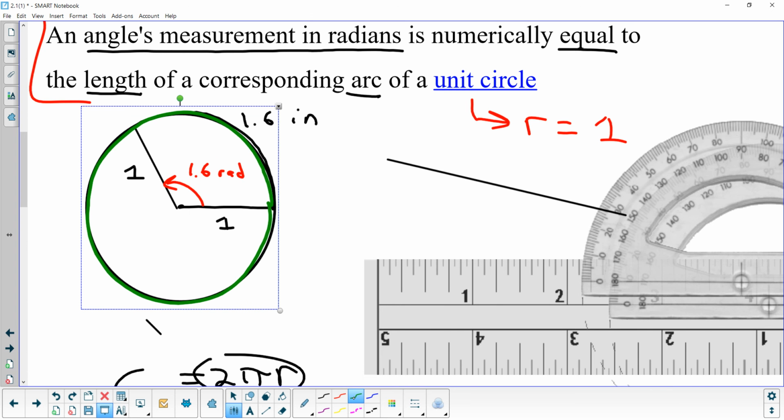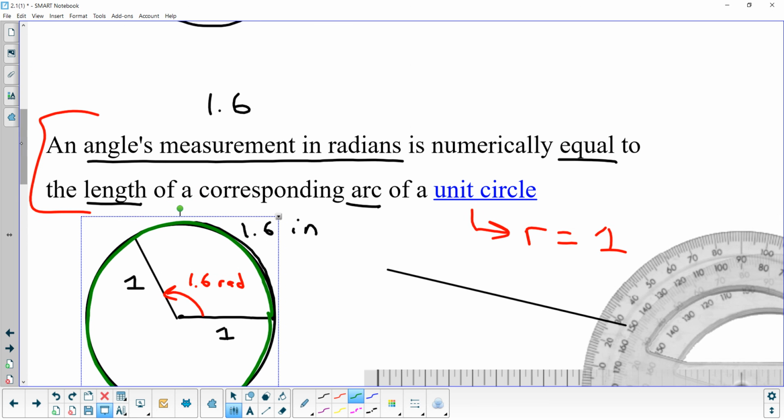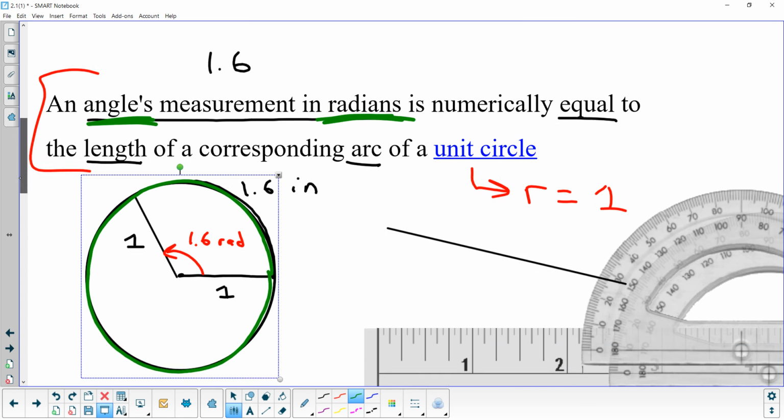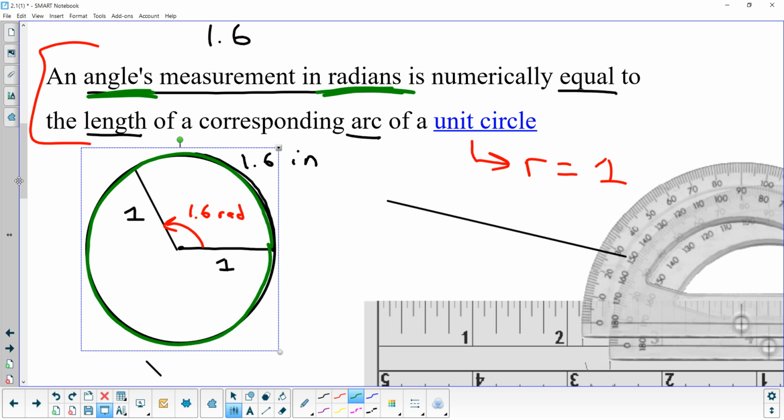So if I know the size of the circumference that goes all the way around this circle, then I will know the size of the angle that goes all the way around the circle. More importantly, I'll know the size of the angle in radians that goes all the way around the circle. Right? So let's figure out the size of this green line that goes all the way around the circle.